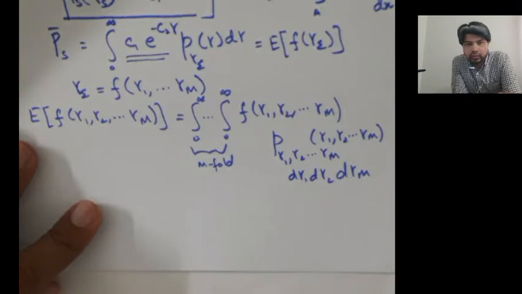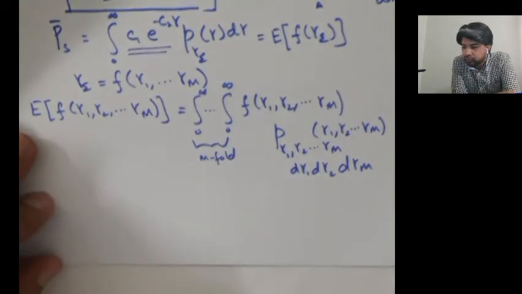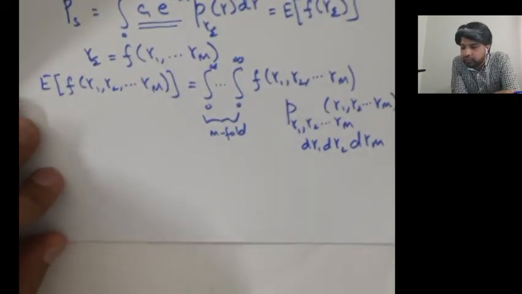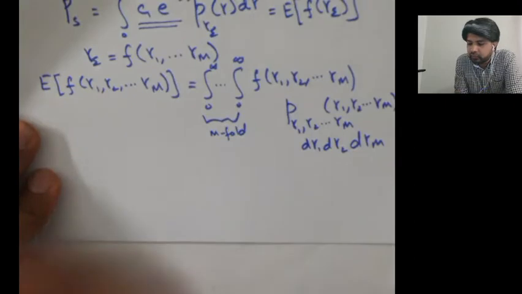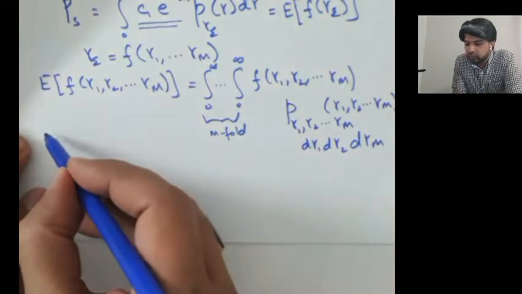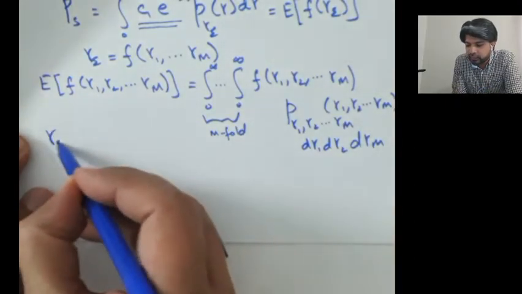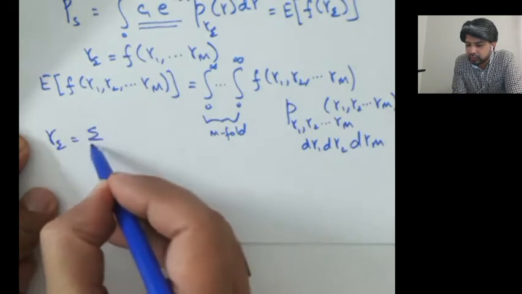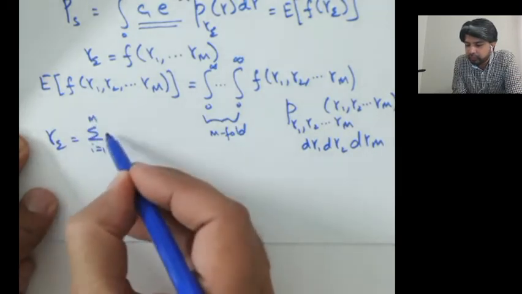You would be thinking that rather than making things simpler, this MGF approach is making things more complex. For the moment you would see that, but in a while you would see that it would really make things simple, especially for the case of MRC, maximal ratio combining. Why? Because in MRC, your gamma_sigma is nothing but the summation from i equals 1 to capital M of gamma_i.